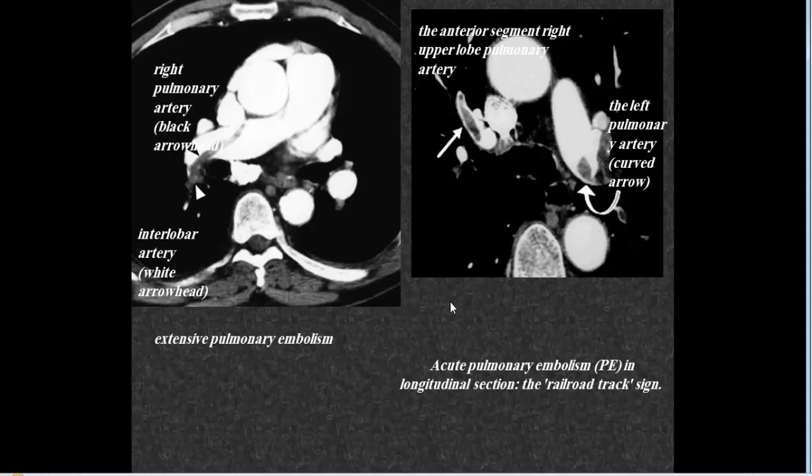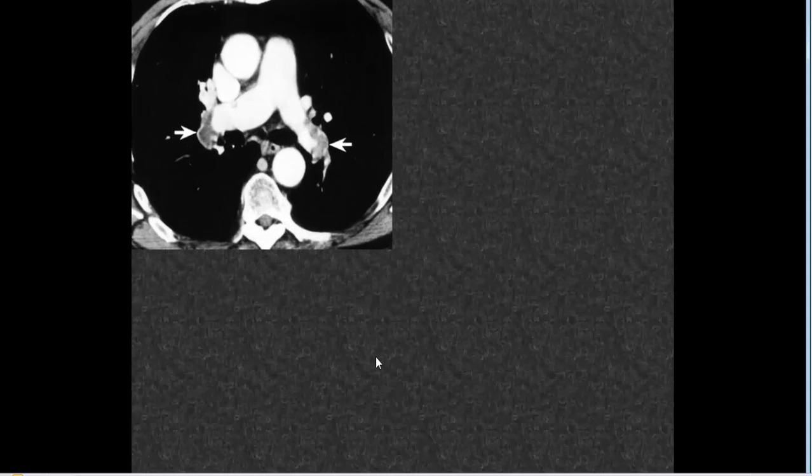Acute pulmonary embolism in longitudinal sections: railroad track sign. As we see, the pulmonary embolus is along the longitudinal axis with the fissure direction, the railroad track sign. These are characteristic signs. Next, this is the main pulmonary artery, and the right and left pulmonary arteries.